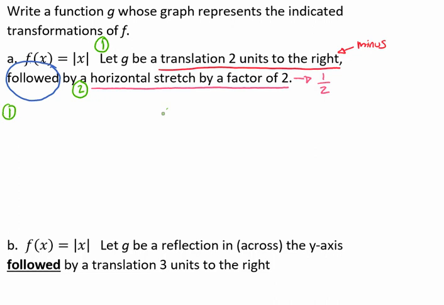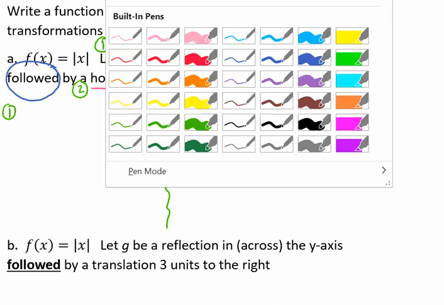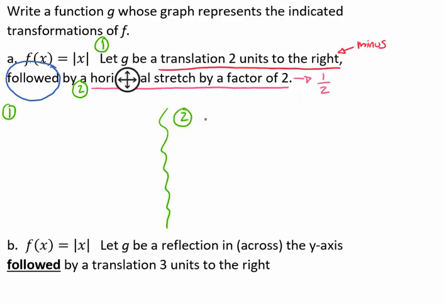Now, because we want our equation to be called g of x, that means that we're going to start our second equation with g of x. Well, we don't want our first part to be called g of x because it's going to change names. So we can pick any letter we want. So I'm going to pick h.